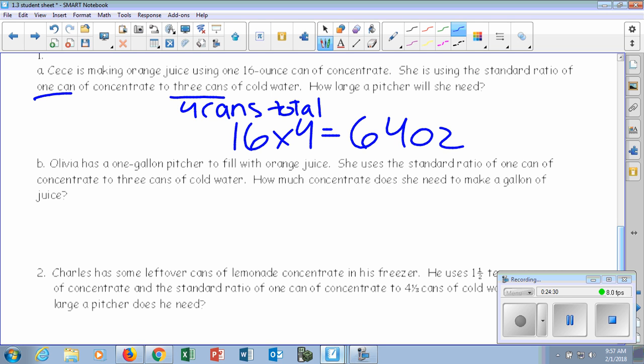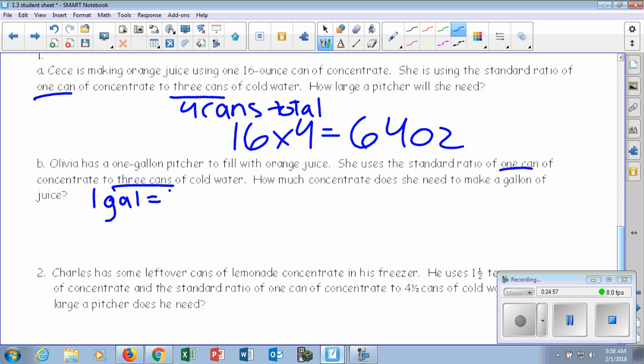Olivia has a 1 gallon pitcher to fill with orange juice. She uses a standard ratio of 1 can and 3 cans. So we know we have 4 total, and we can figure out how many fluid ounces are in a 1 gallon pitcher, can't we? How many is in 1 gallon? Well, we know that 1 gallon equals 4 quarts.